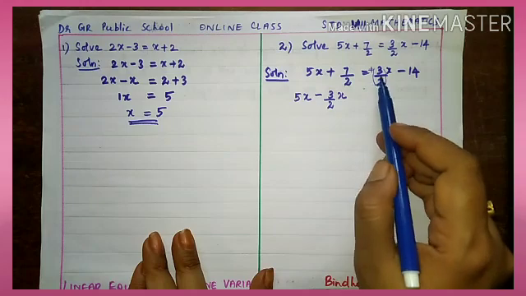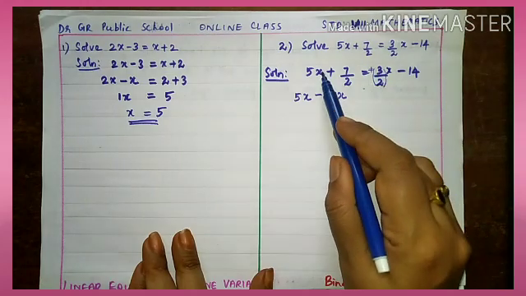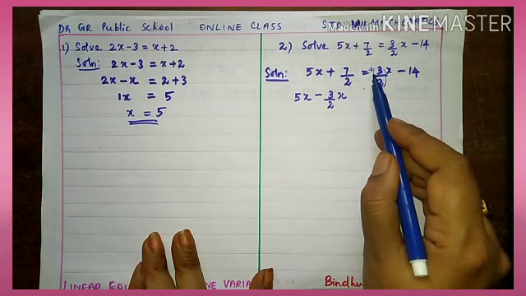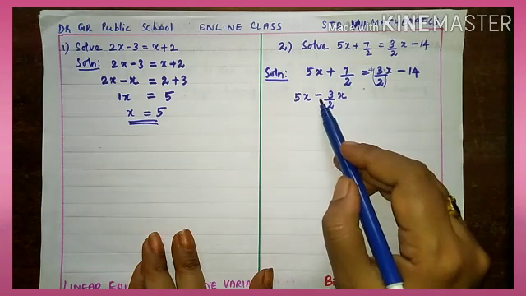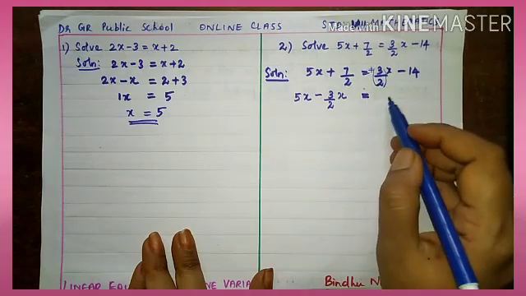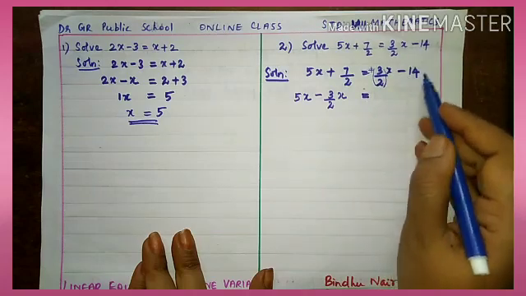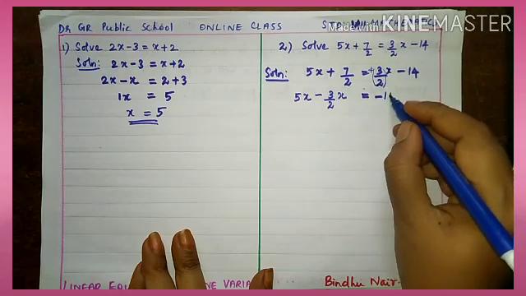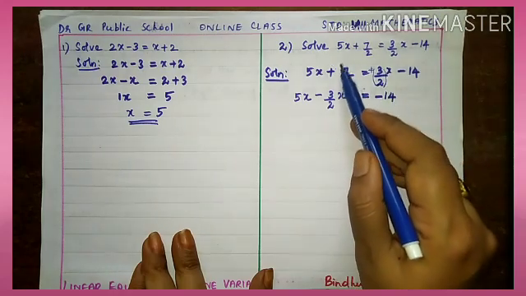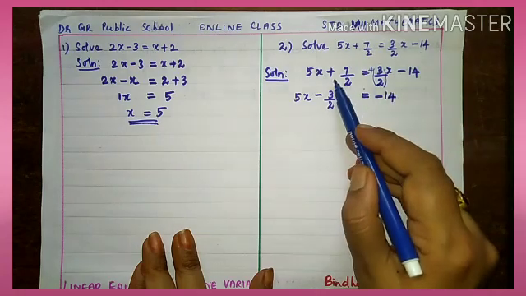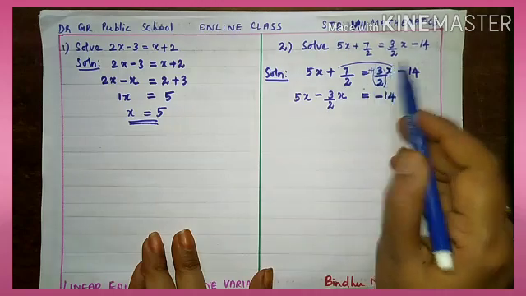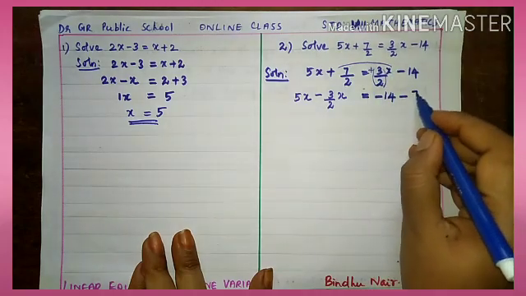Understood? We are transposing this variable to the LHS. The sign of the coefficient is plus, and when transposed it becomes negative. Now equal to, on the right-hand side there is already minus 14, and the term on the LHS we want to transpose here. Here you see plus 7 by 2. When it is transposed, it becomes minus 7 by 2.